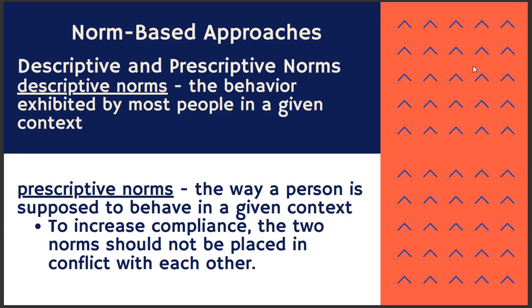To increase compliance, to increase the likelihood that someone is going to do something because you requested them to do it, the two norms should not be placed in conflict with each other. Descriptive and prescriptive should not be conflicting with one another. So if you say the whole neighborhood is recycling, but you really shouldn't be recycling, that doesn't really make any sense.